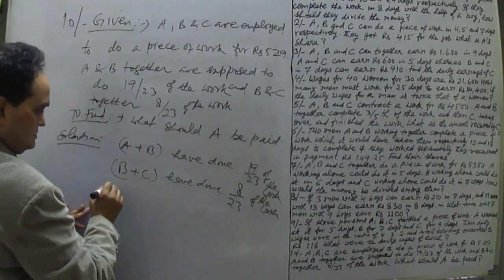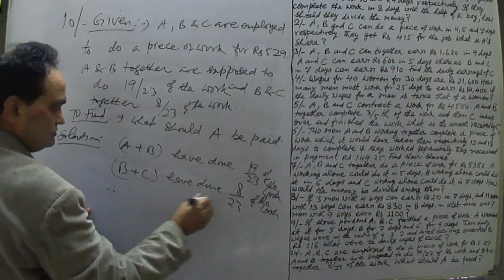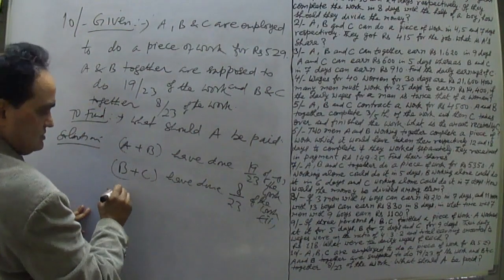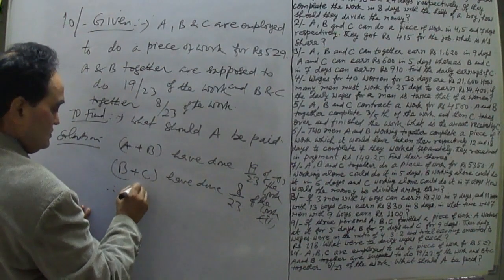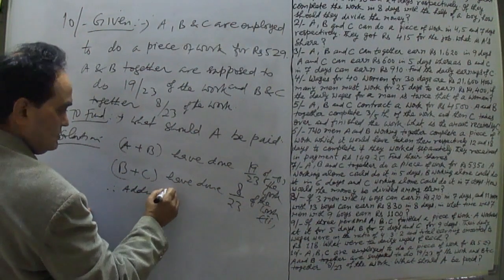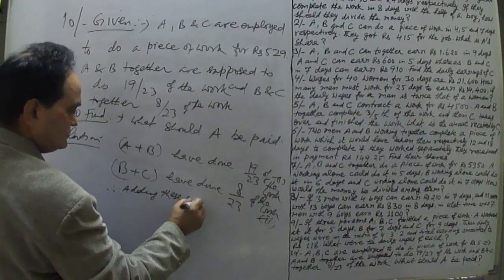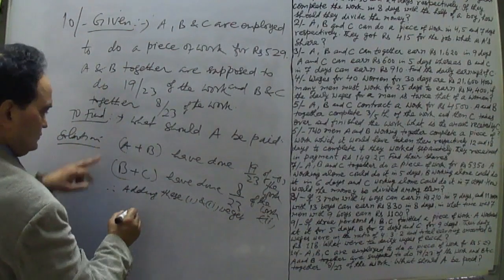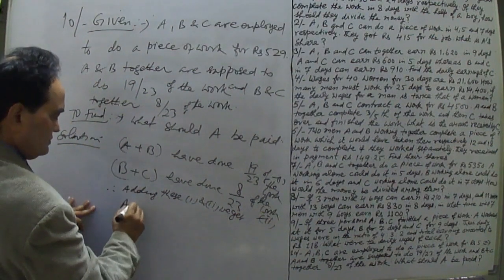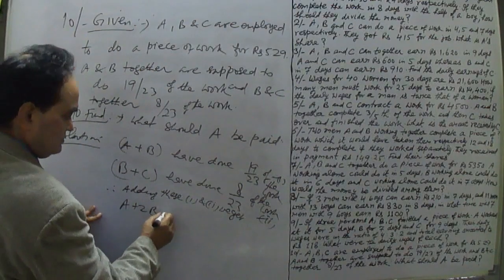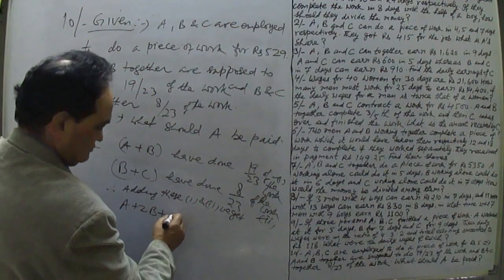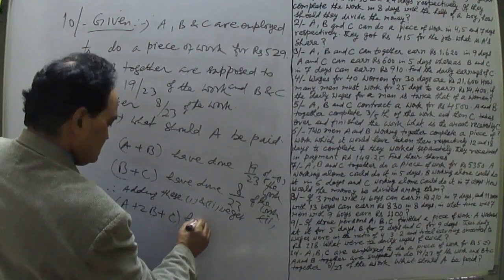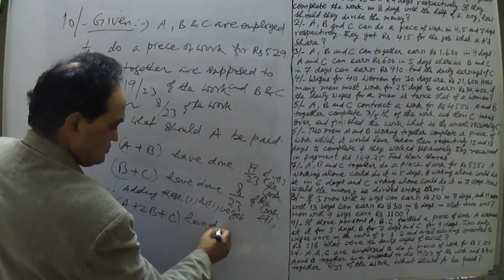Adding them, on addition, this is first, second. Let me take the first equation and the second equation. Adding these first and second equations, we get A plus twice B plus C. They have done what work?